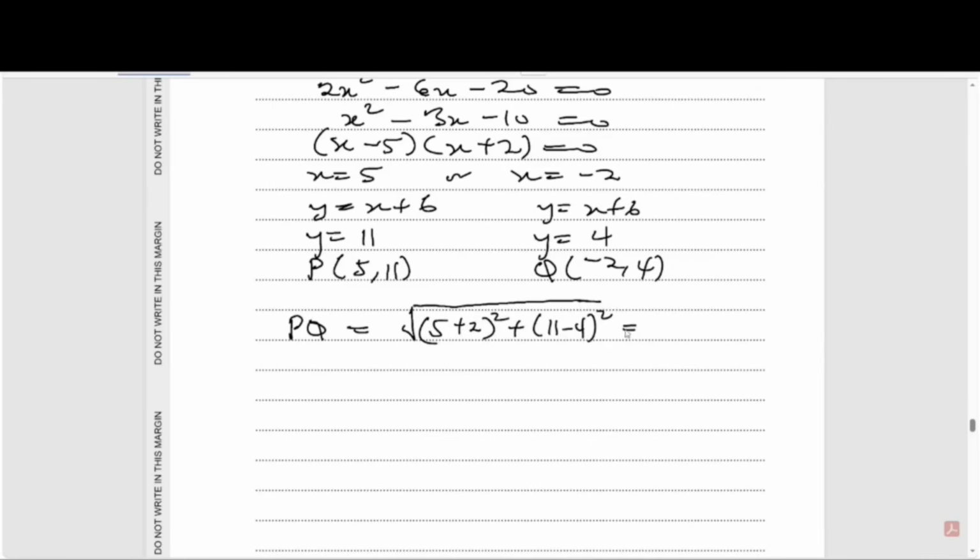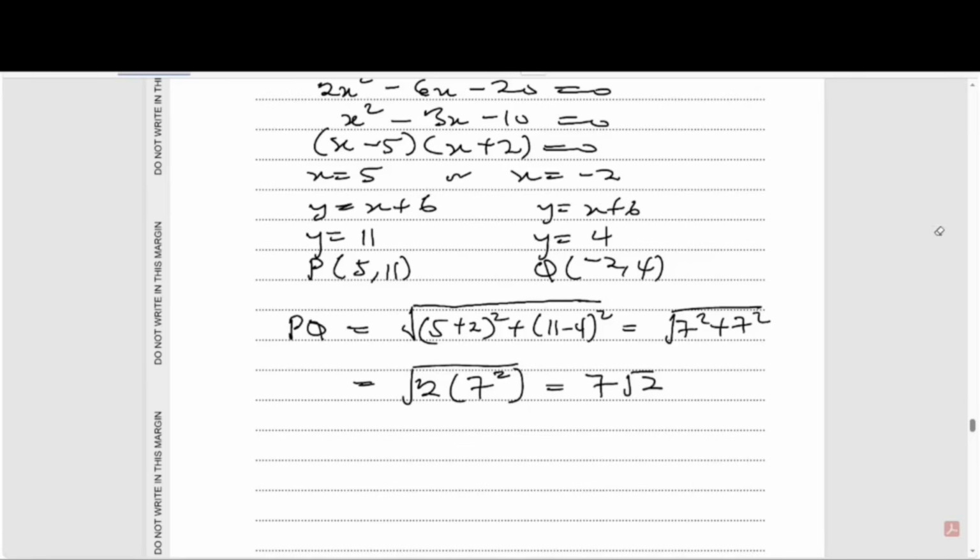So we have 7 squared plus another 7 squared, both under the root sign, which is equal to 2 times 7 squared, or 2 times 49, and the root of 7 squared is 7, root of 2.